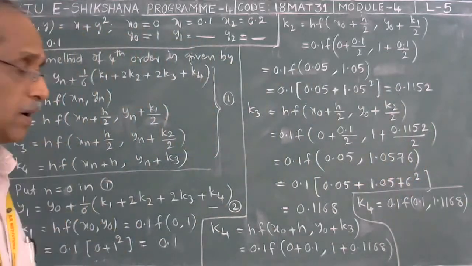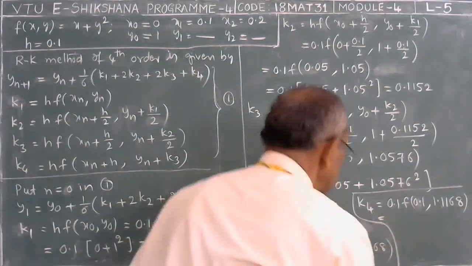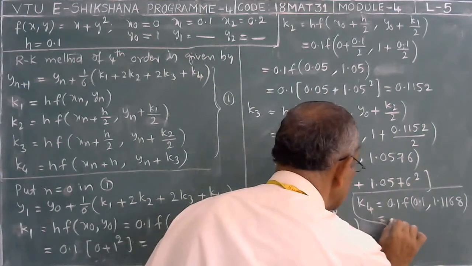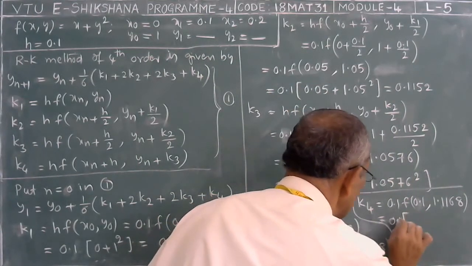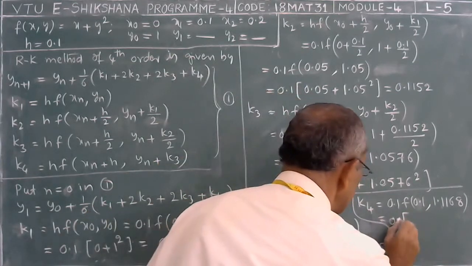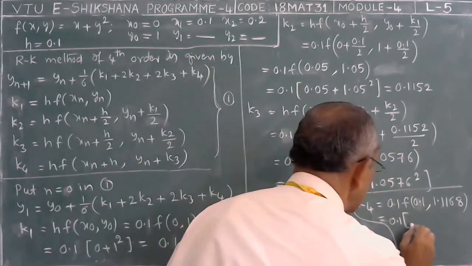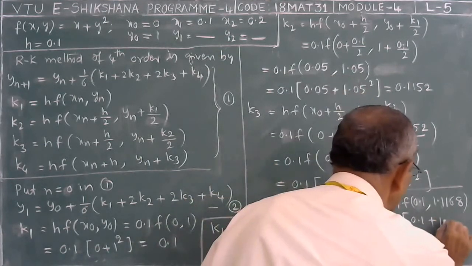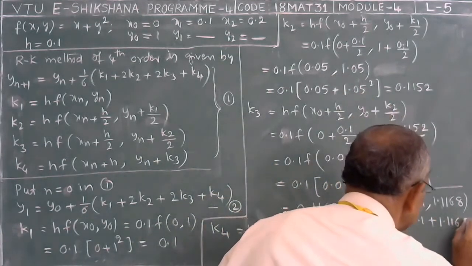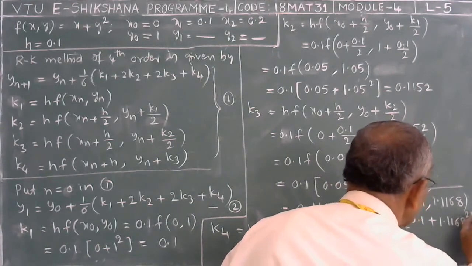Apply the definition: 0.1 into 0.1 plus 1.1168 whole square.